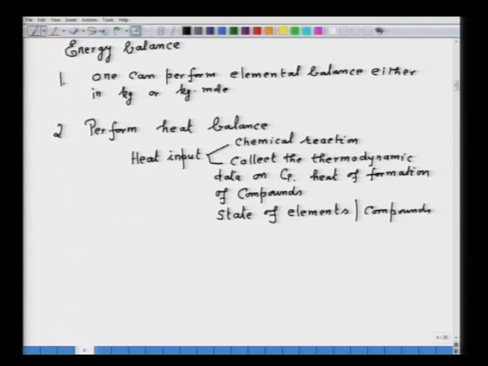Do you know why I am telling this thing? Because there could be transformation within the solid phase, and transformation on melting and boiling. At all these transformations there does not occur temperature change, but latent heat you have to consider.